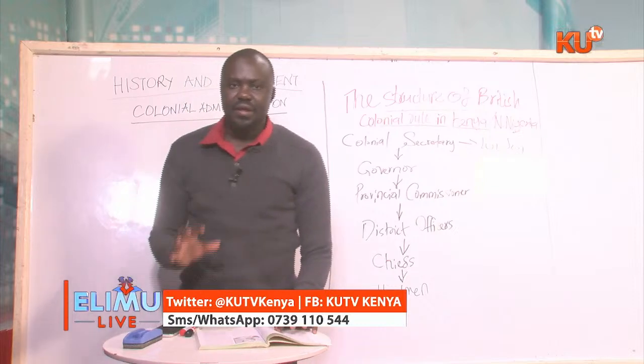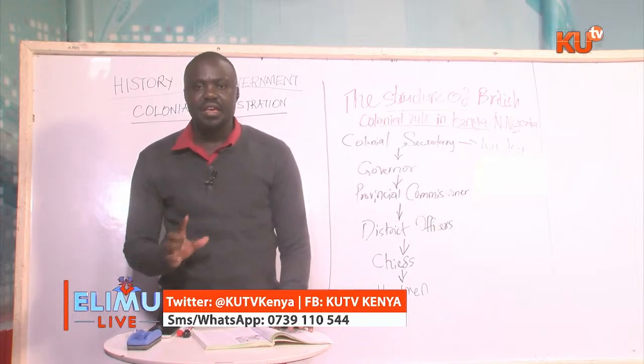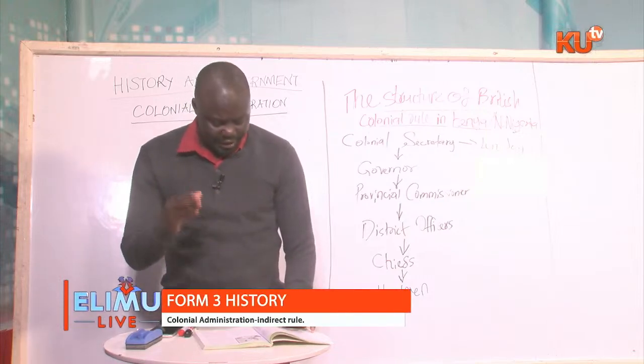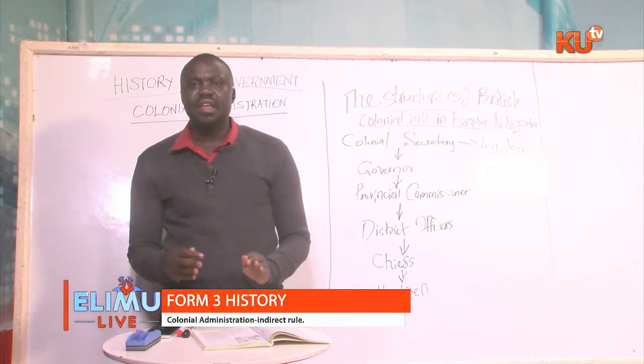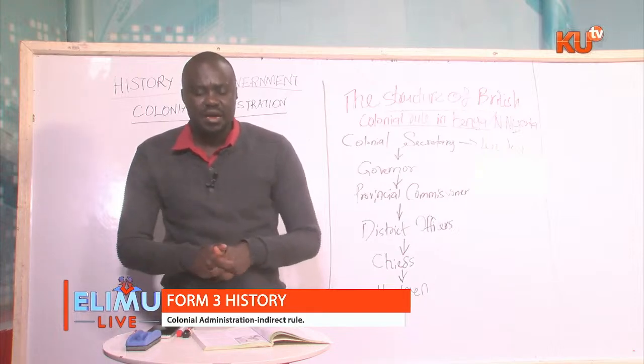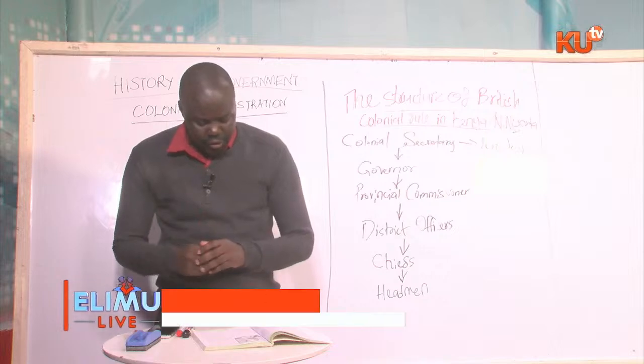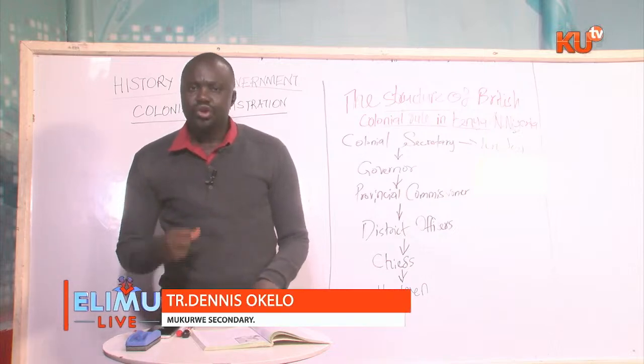So the African chiefs that they found in northern Nigeria were treated with equality just the way the whites were treated. This meant that the chiefs in northern Nigeria, where they applied indirect rule, were given a lot of power to enable them to administer.